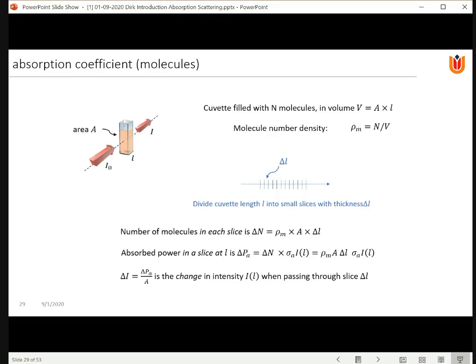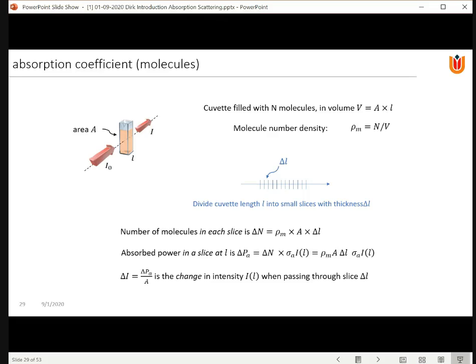Then we can calculate the change in intensity, delta E, when the light is passing through such a slice. For the slice of thickness delta L at location L, the change in intensity is given by the absorbed power, delta P, in units of watts, divided by the area A. So then we have, again, an intensity in watts per square meter.